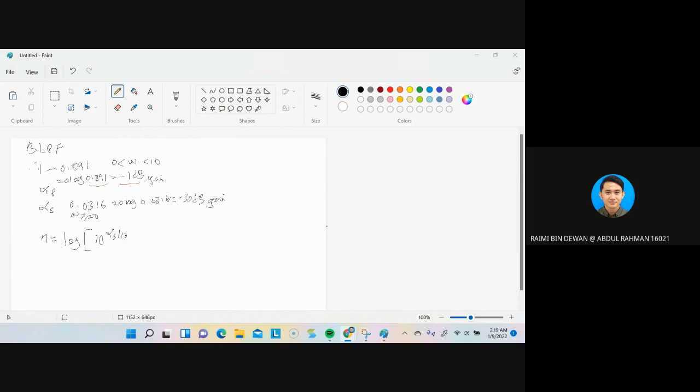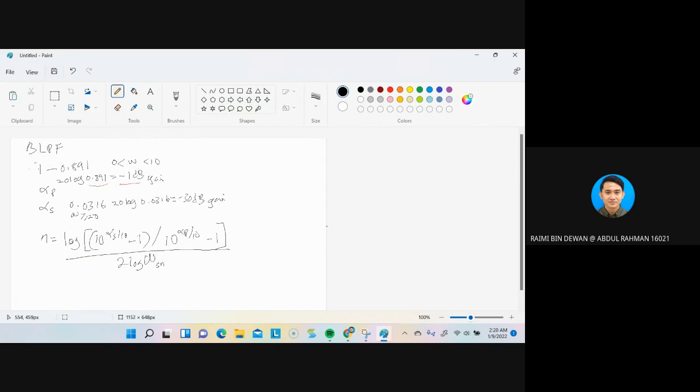So for the order of filters, the equation is 10 to the alpha s over 10 minus 1, in brackets, over 10 to the alpha p over 10 minus 1, and then 2 log omega Sn.